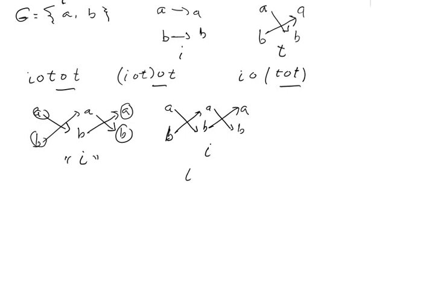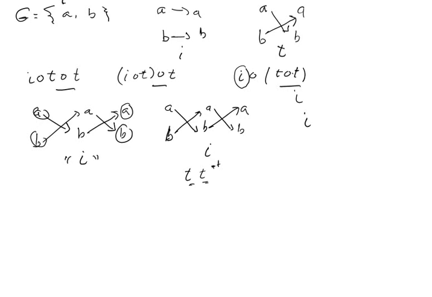T to the power of minus 1, we make two rotations. Okay, it's identity, and this is I identity. Composition T composition T, I composition I.